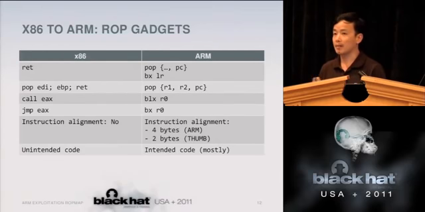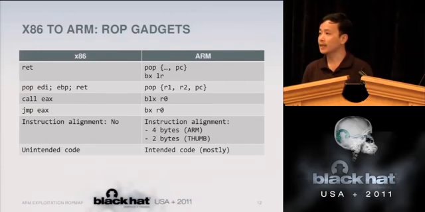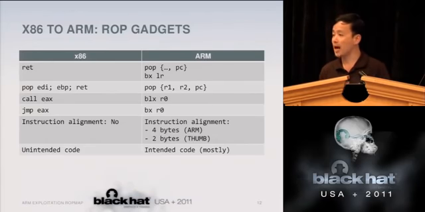Instructions are aligned every 4 bytes or every 2 bytes, depending on ARM mode or Thumb mode. So most of the gadgets on ARM you can find from intended code. That's why objdump or otool will work for you.